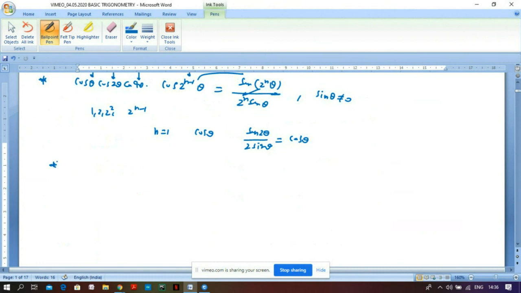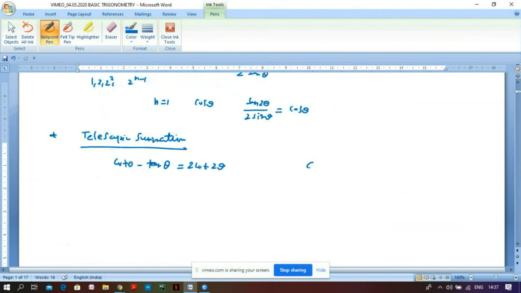Some more identities are useful in telescopic summation. When you do telescopic summation in trig series, as we have done in algebra, some of the useful ones are cot theta minus tan theta equals 2 cot 2 theta. The derivation goes like this: cot theta minus tan theta is 1 upon tan theta minus tan theta, so 1 minus tan square theta over tan theta.